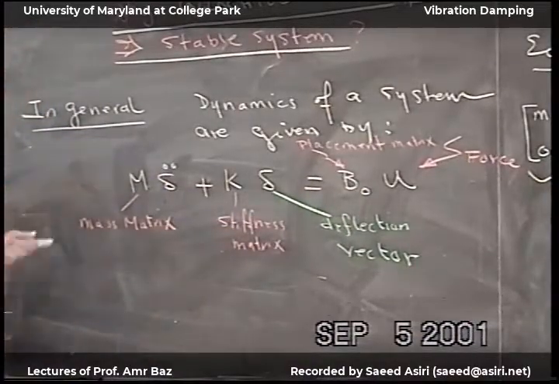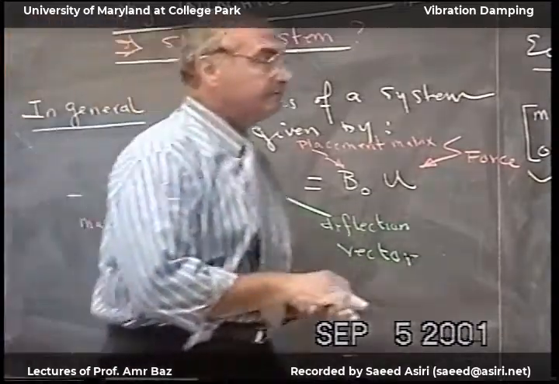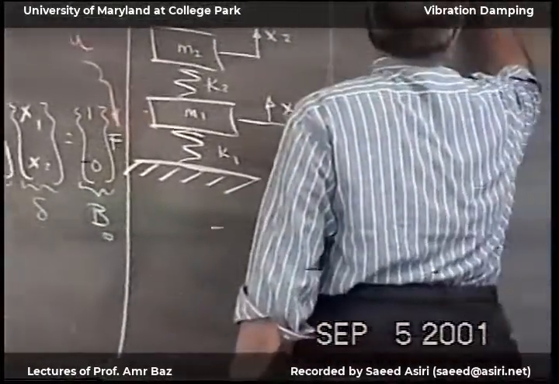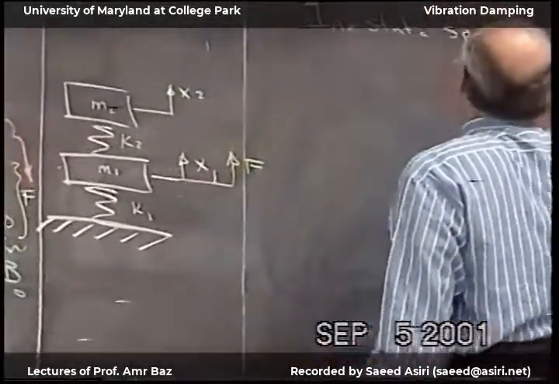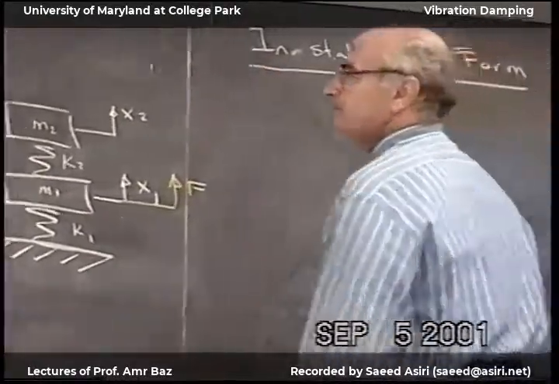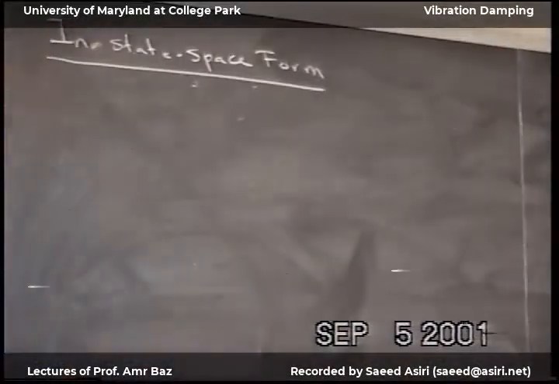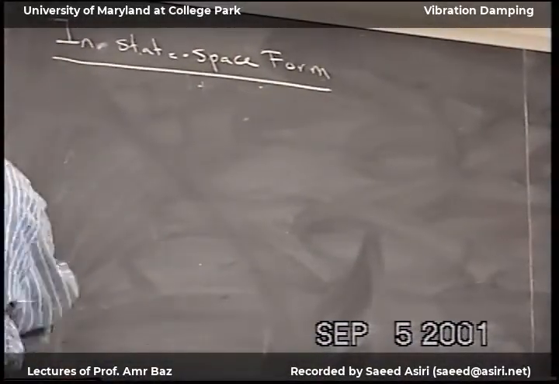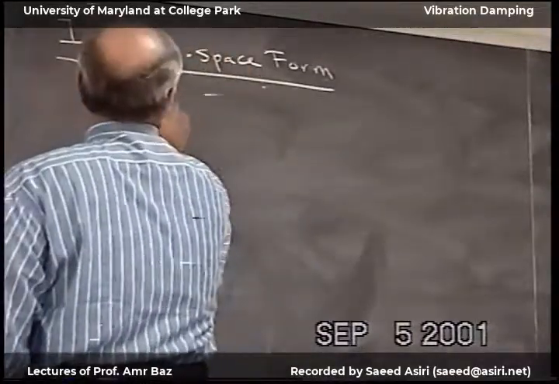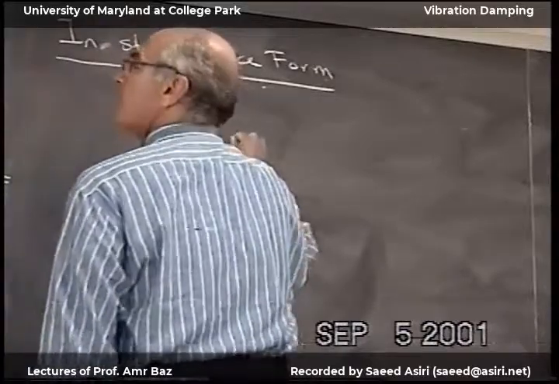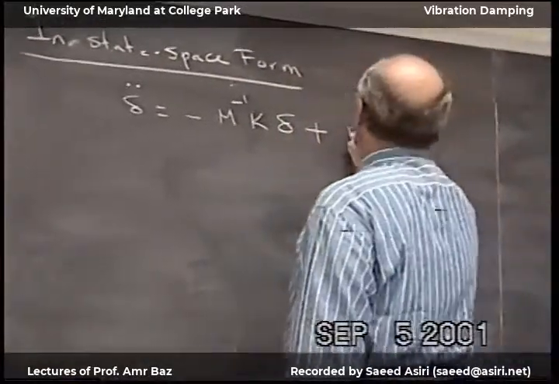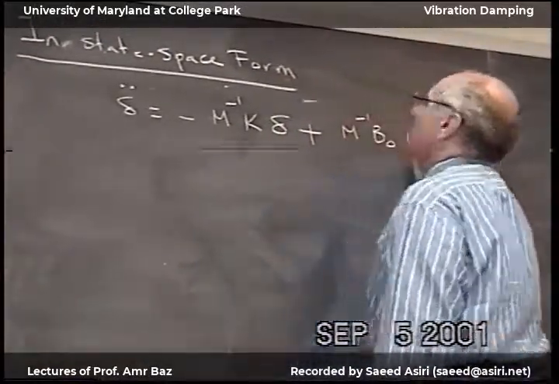Now, I'm going to take this equation and put it in state space form. So first I'm going to make this delta double dot equal to minus M inverse K delta plus M inverse B0 and u.